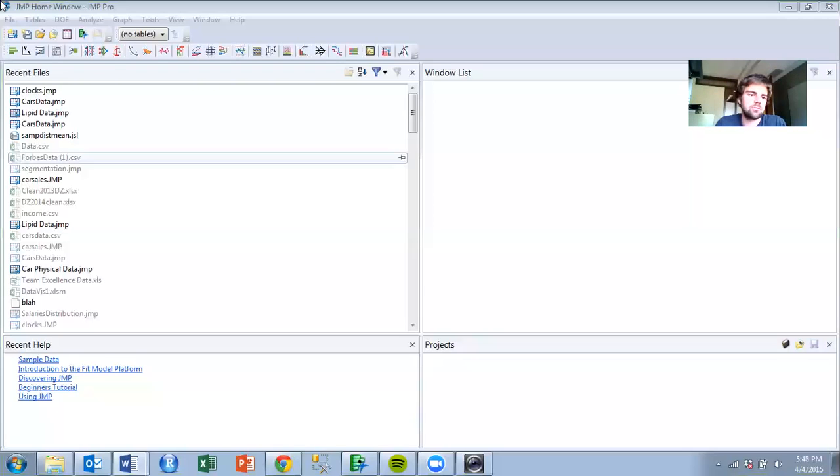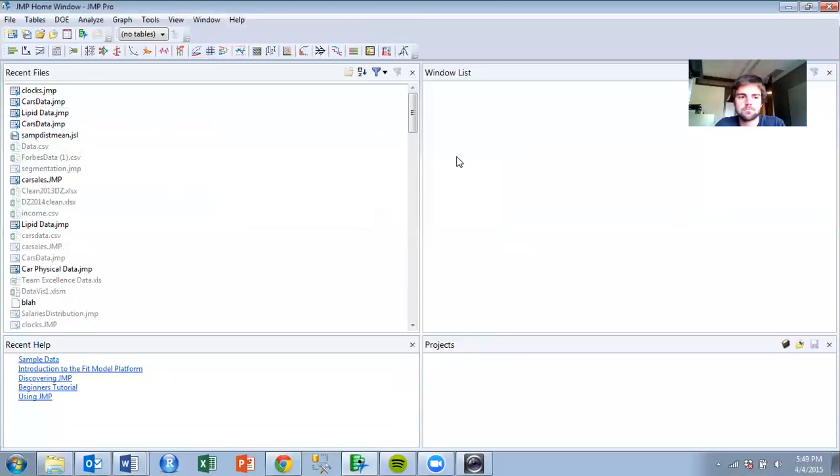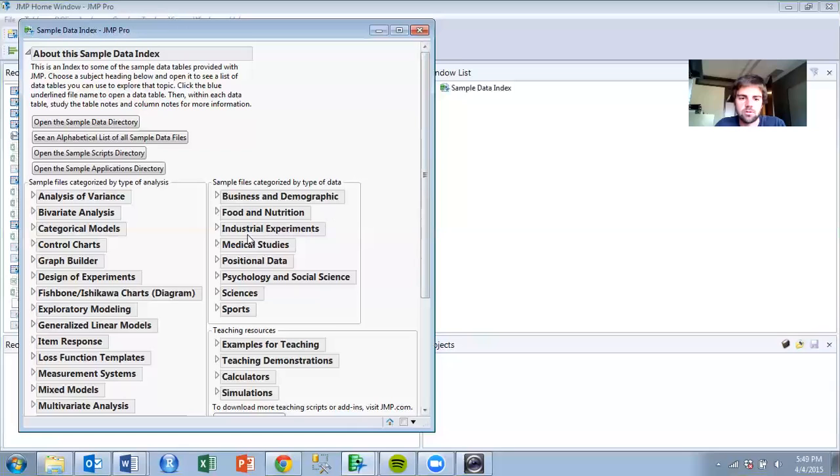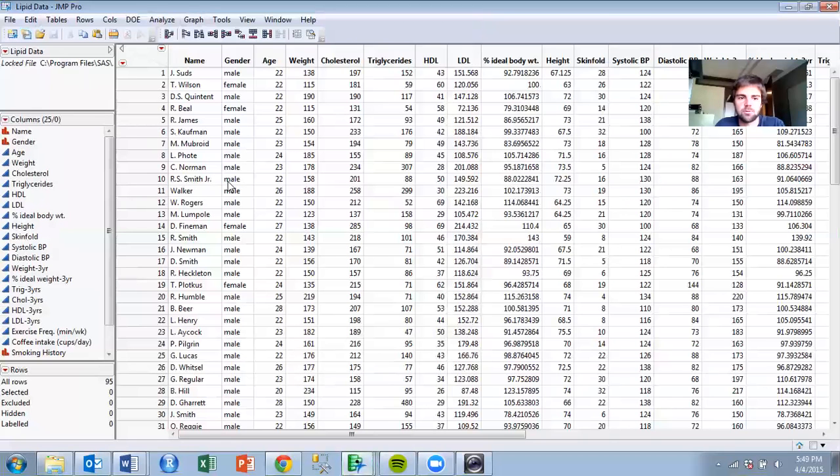So I'll just use the lipid data set. Remember, you can get this in the help menu. If you want to follow along, go to the help menu, go to the sample data, and go to medical studies. They have lipid data as one of the built-in data sets here.